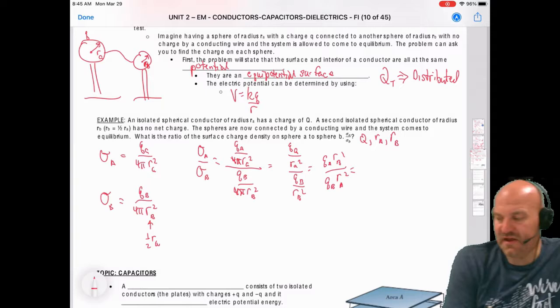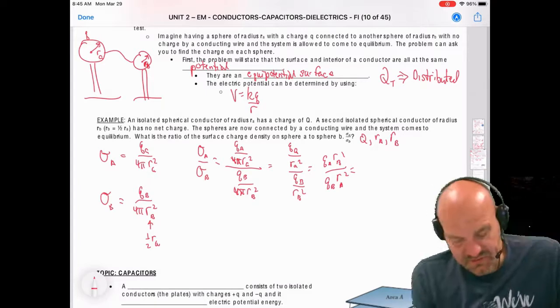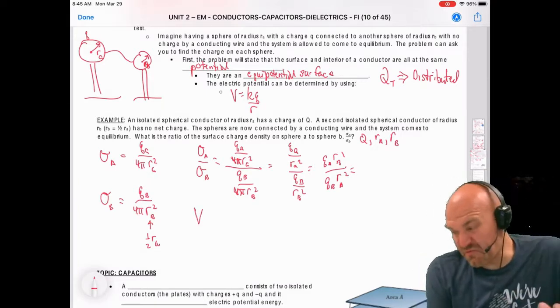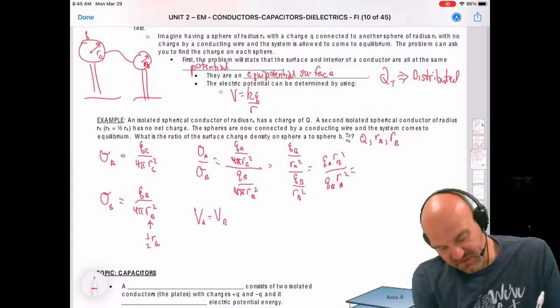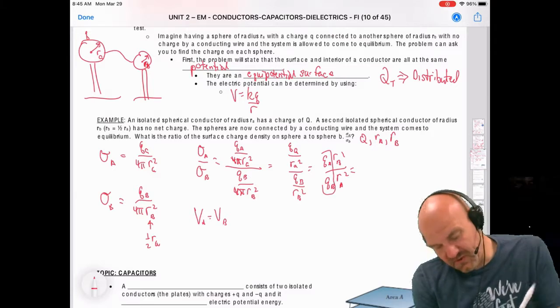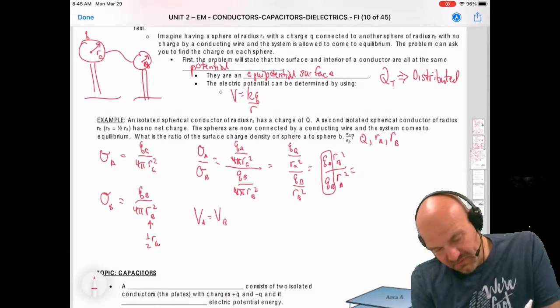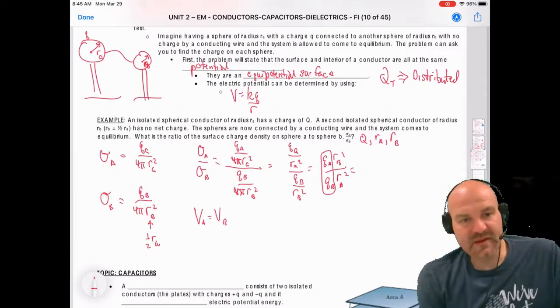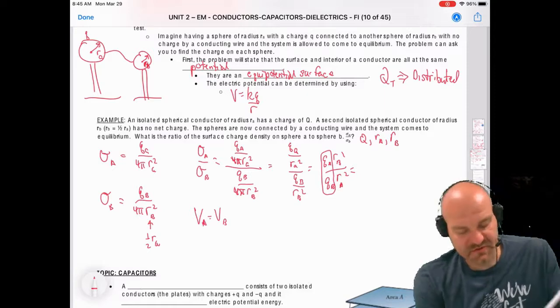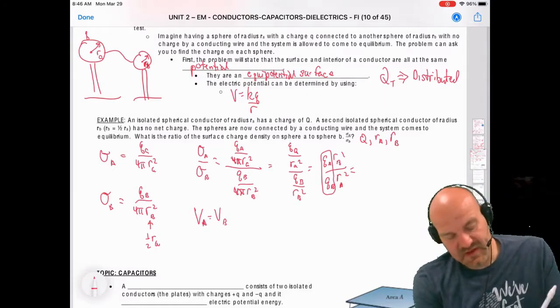You may also find the ratio somewhere else. We know these are equipotential, and we need to figure out what this ratio QA over QB is, which comes from our equipotentials. I'm going to say VA equals VB.